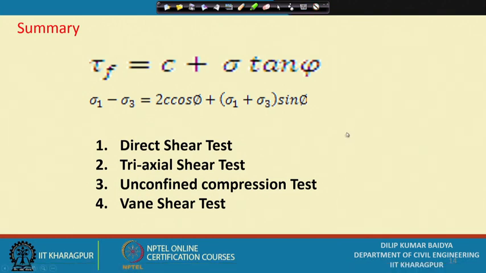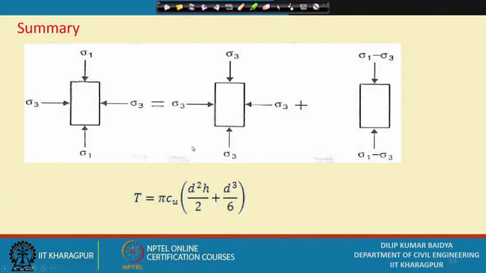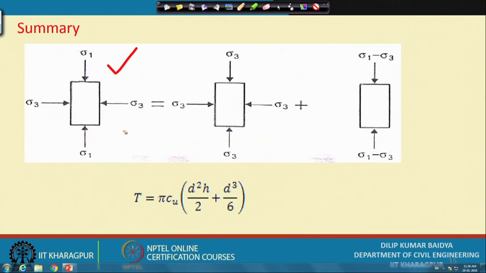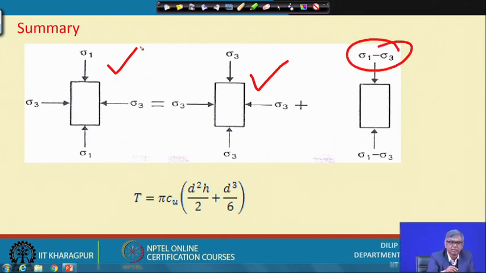Next, during the triaxial test, we initially apply sigma 3, and later on we apply the deviator stress, sigma 1 minus sigma 3. So these two together give us sigma 1. For a particular sigma 3 we apply, at failure we measure sigma 1.